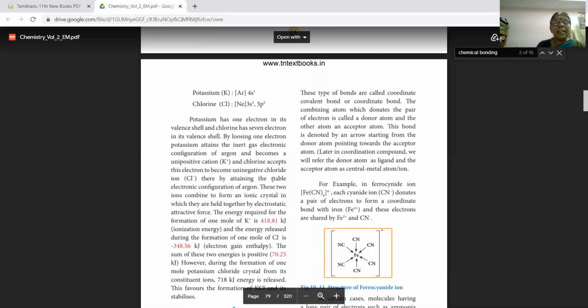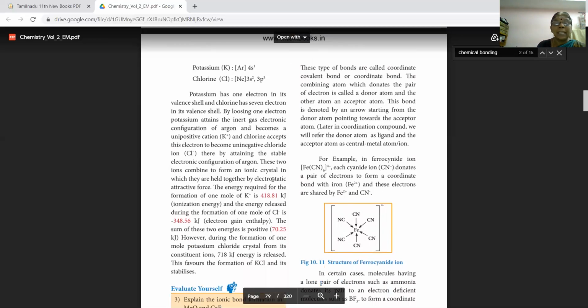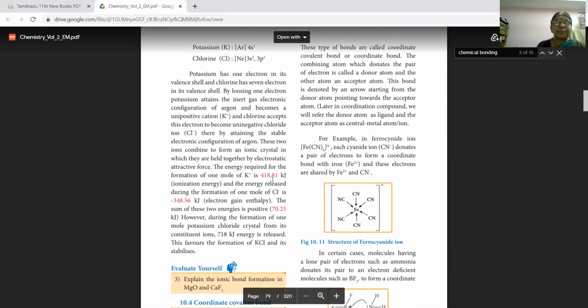By losing 1 electron, potassium attains the inert gas configuration. If chlorine accepts that electron, it also gets the stable octet configuration. The two ions combine to form an ionic crystal in which they are held together by electrostatic force.